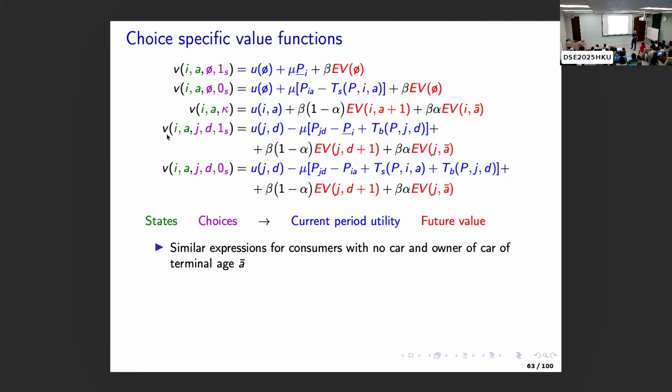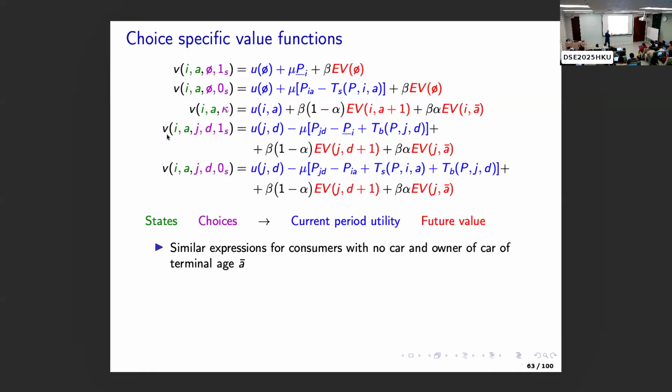So I get the utility of no car because I just got rid of it. And because I chose to scrap it, I get the scrap value of that car. And tomorrow my expected value is the expected value of having no car, the empty set.